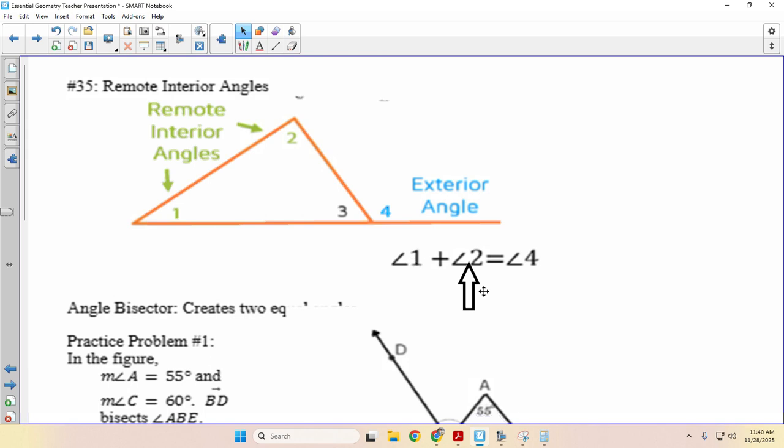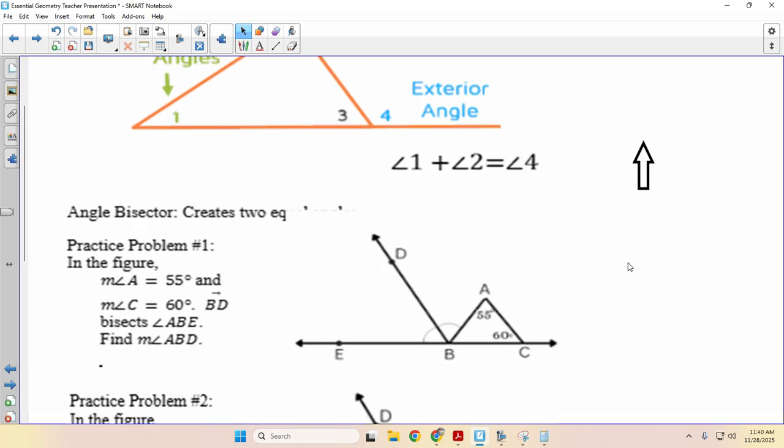So angle 1 and angle 2 is equal to angle 4. So an angle bisector creates two equal angles is the other piece of information we need.